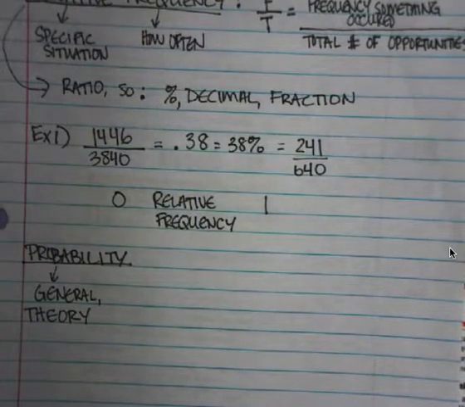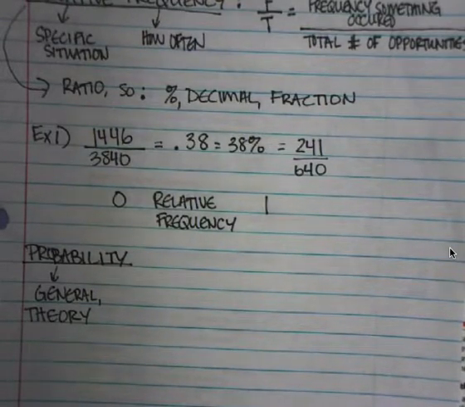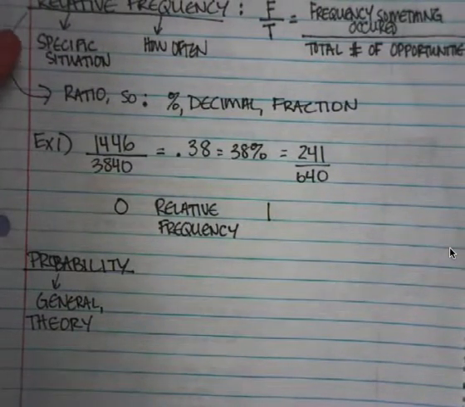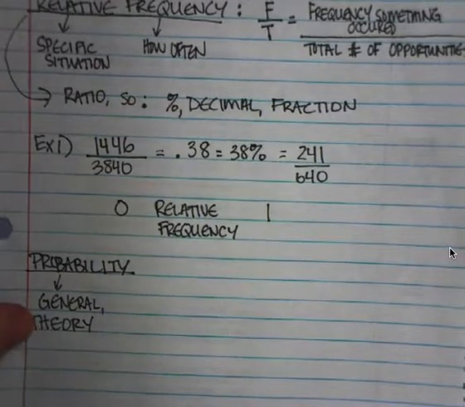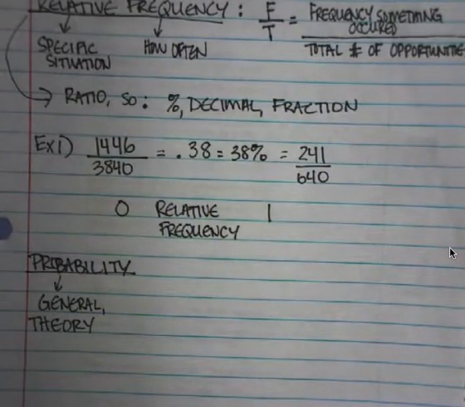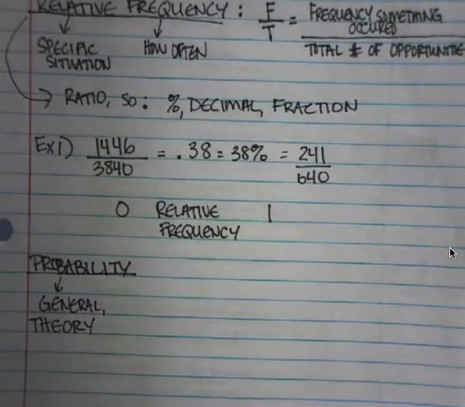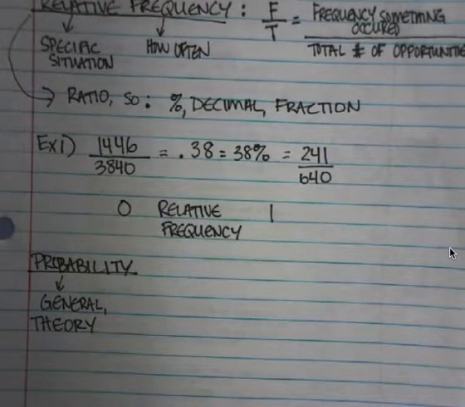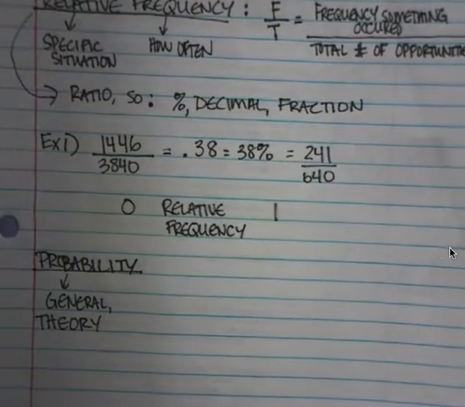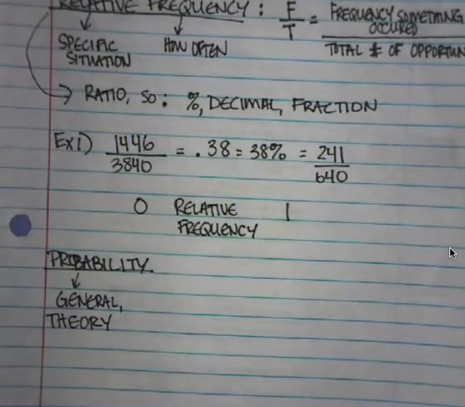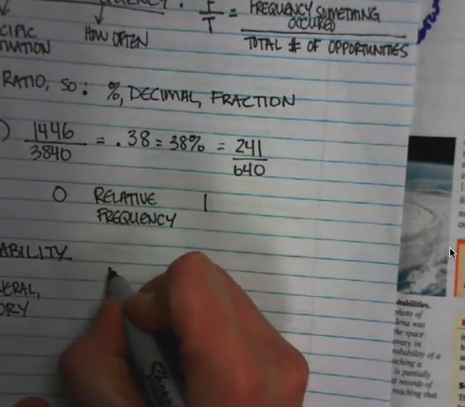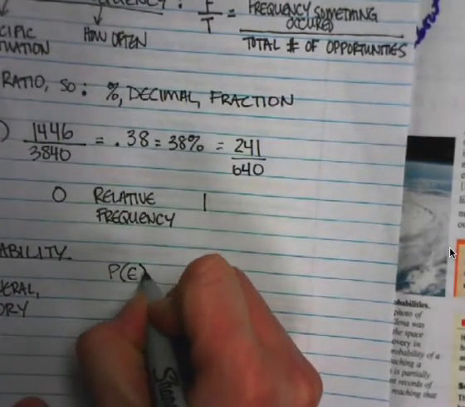If I would flip a coin 10 times, am I guaranteed to get 5 heads and 5 tails? No, that would be relative frequency because it's that specific situation. But probability is the general idea, in theory, what should happen, not necessarily what is going to happen, okay? So that's kind of the big difference in understanding of those two things, okay? With probability, we have some more notation that the book uses, and our notation is going to look like this.